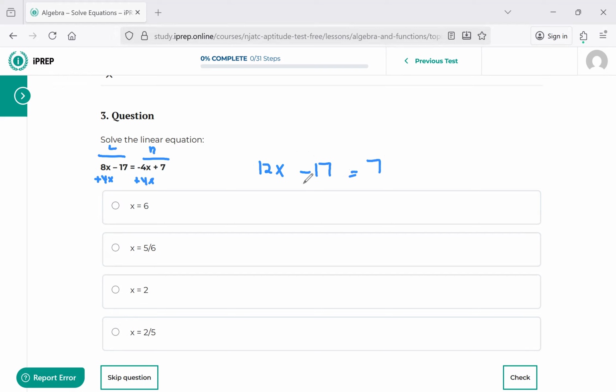And then I'm going to solve for x. So I'm going to add 17 to both sides. We get 12x equals 17 plus 7, which is 24. Divide this by 12, divide this by 12, and 24 divided by 12 is 2.